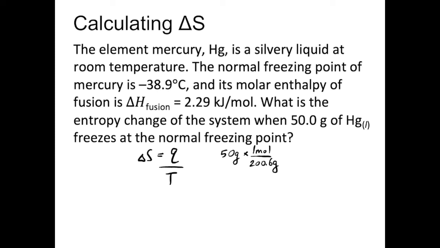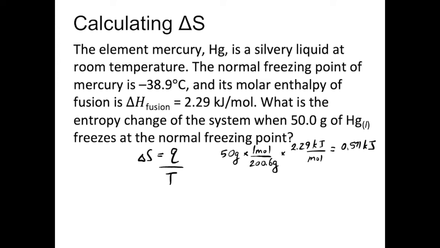And we can use the delta H of fusion, the delta H for the interconversion between liquid and solid, to find the amount of heat that gets transferred in order to freeze 50 grams worth of mercury. And we find that 0.571 kilojoules are transferred.